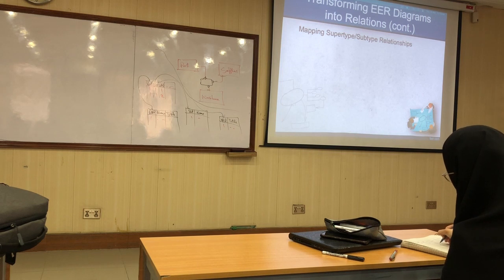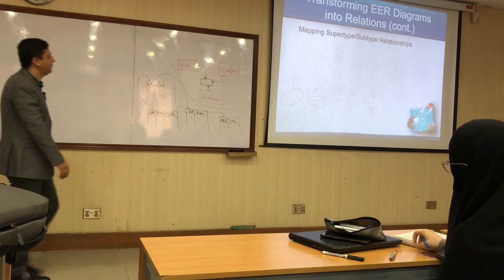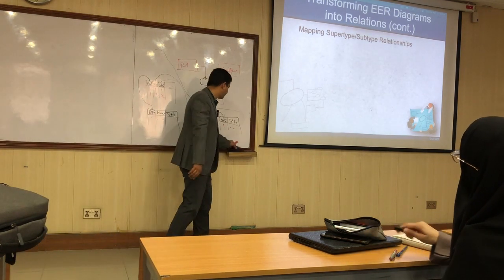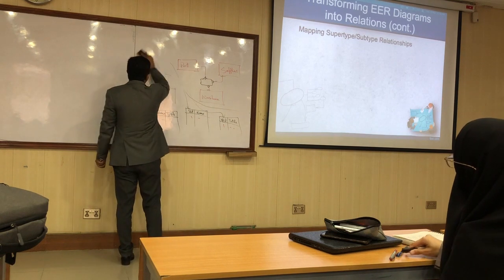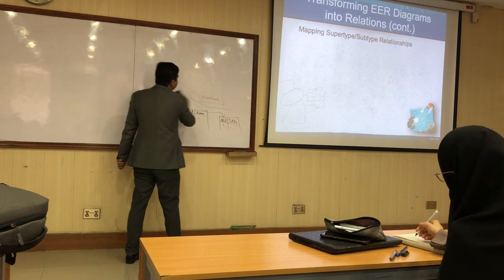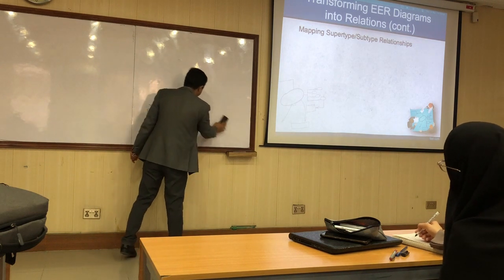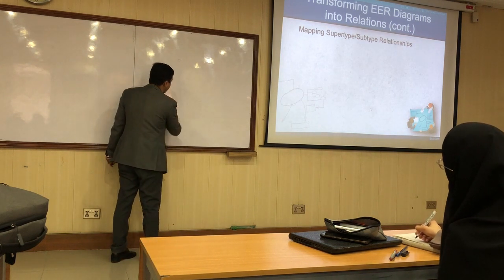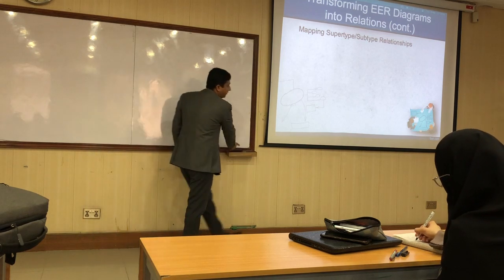Next we shall discuss how to map supertype and subtype relationships from the enhanced entity relationship diagram into the relational structure. While we were discussing the super and subtypes, we discussed that it's just like the inheritance relationship from the object-oriented paradigm, right?